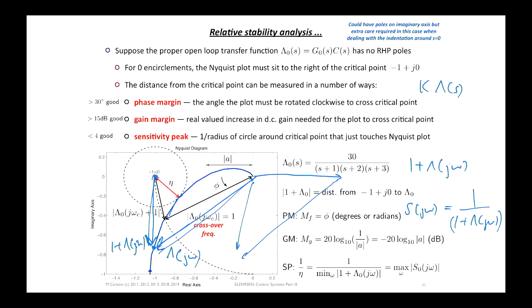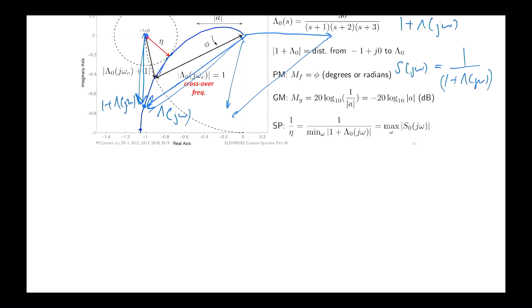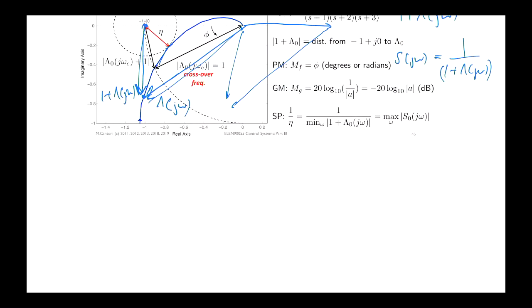Now it's important to realise that good phase margin and good gain margin does not necessarily mean small peak sensitivity, right? Because you could have a situation like this, where at the crossover frequency we have lambda here, right?